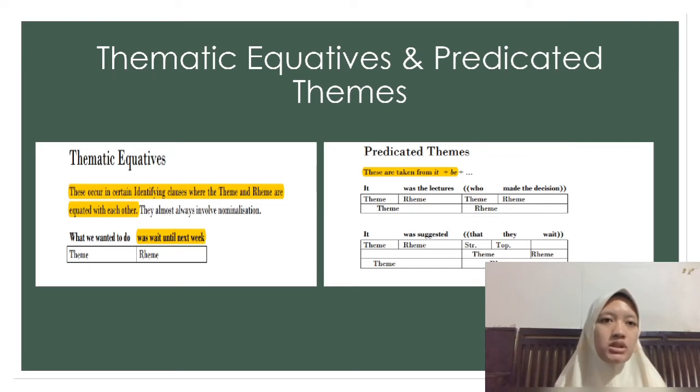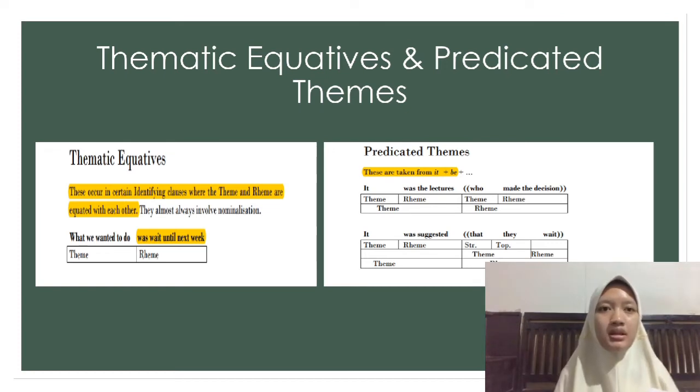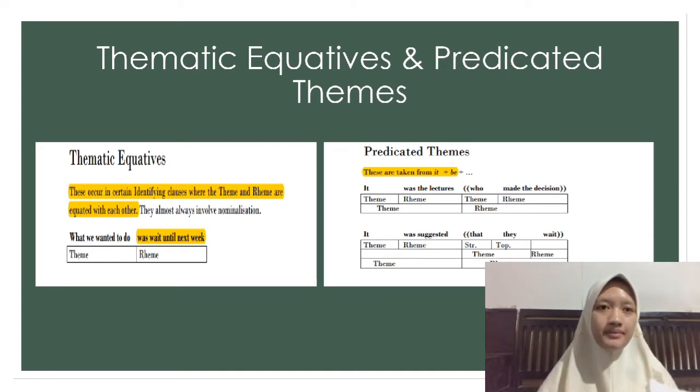They almost always involve nominalization: "What we want to do" is the theme and "was wait until next week" is the rheme. Predicate themes take the form "it" plus "be" plus so on: "It" is the theme with "the lecture" as the rheme; "who" is the theme and "made the dictation" is the rheme. "It was the lecture" can be a theme, and "who made the dictation" can be the rheme.